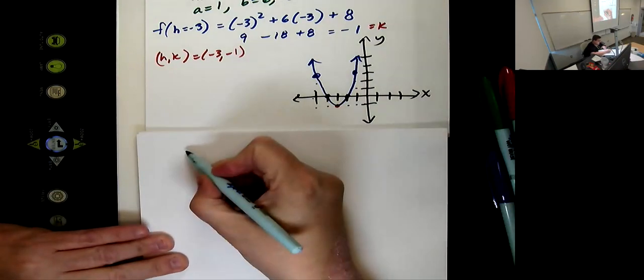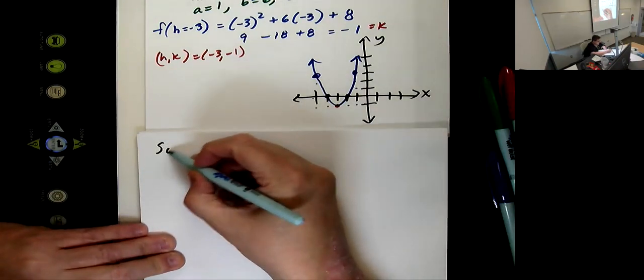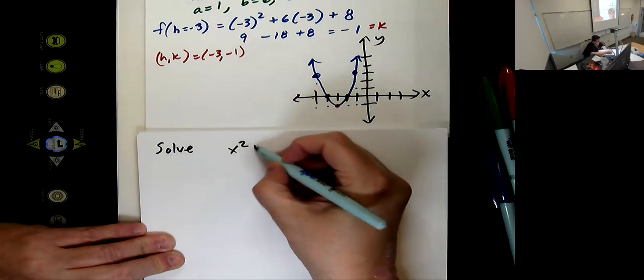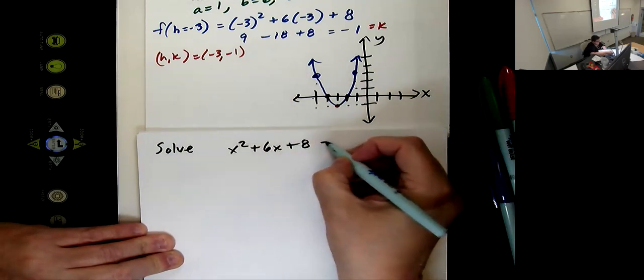What happens if we solve that? Solve x squared plus 6x plus 8 equals 0.